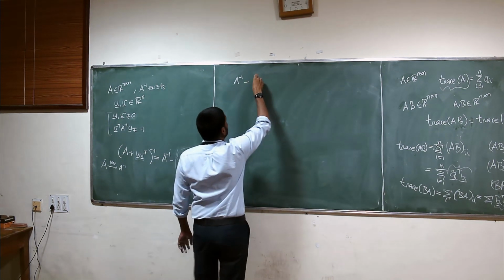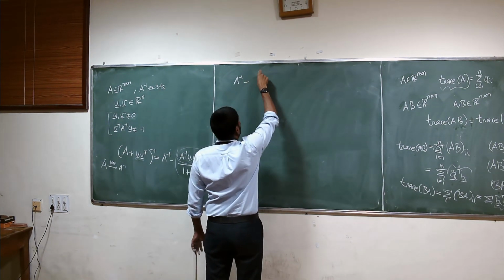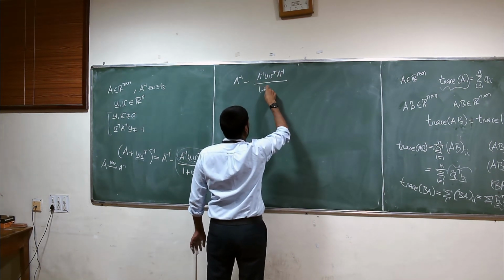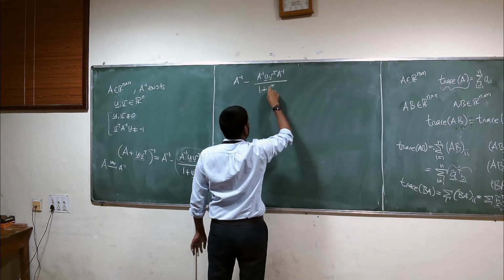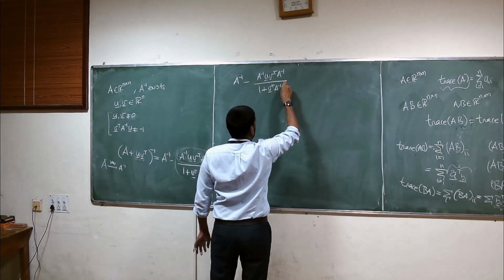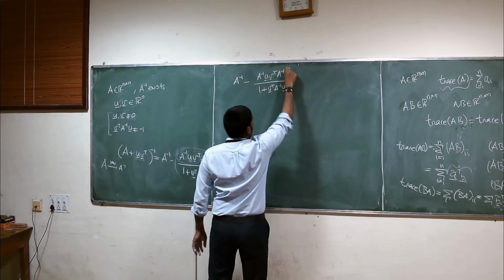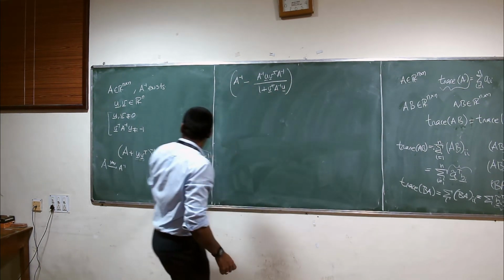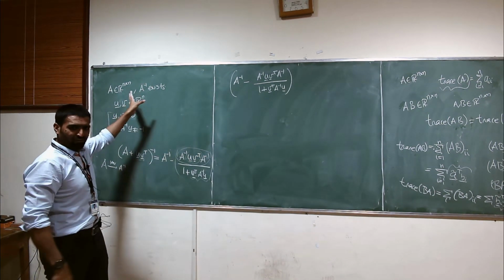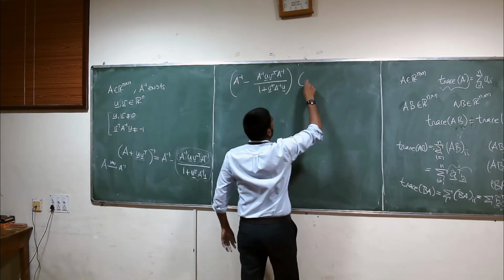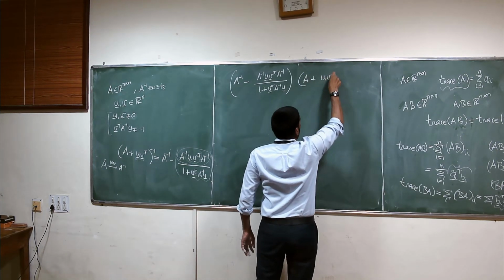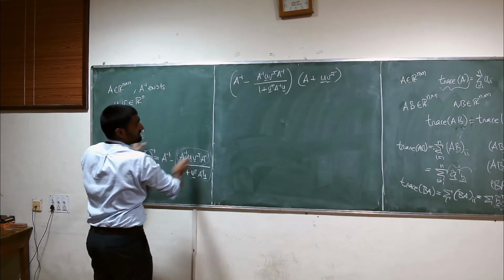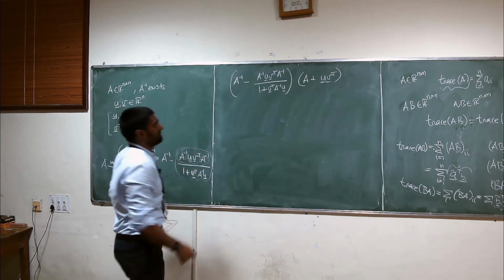Okay. So all we have to show is, if you take A inverse minus A inverse U V transpose A inverse divided by 1 plus V transpose A inverse U, and I'll only do the post-multiplication by A plus U V transpose, you can check the pre-multiplying as well. If this is in fact the inverse, this should come out to be I n.